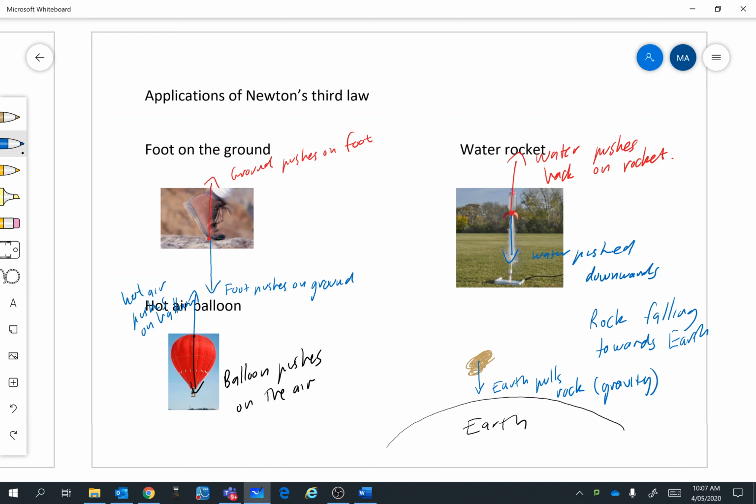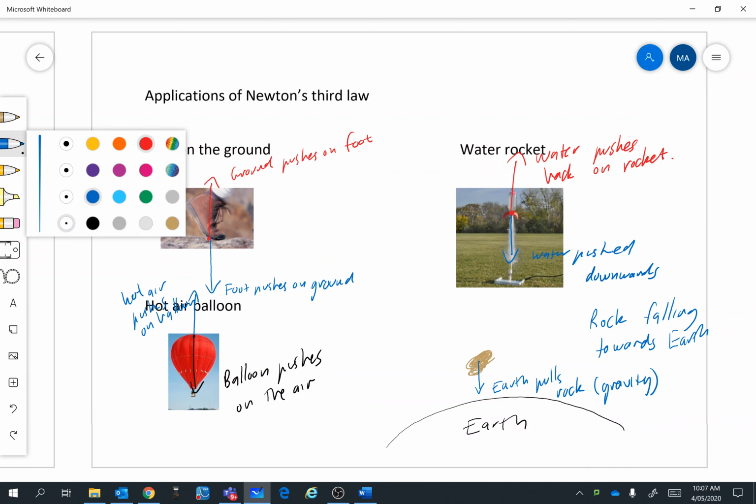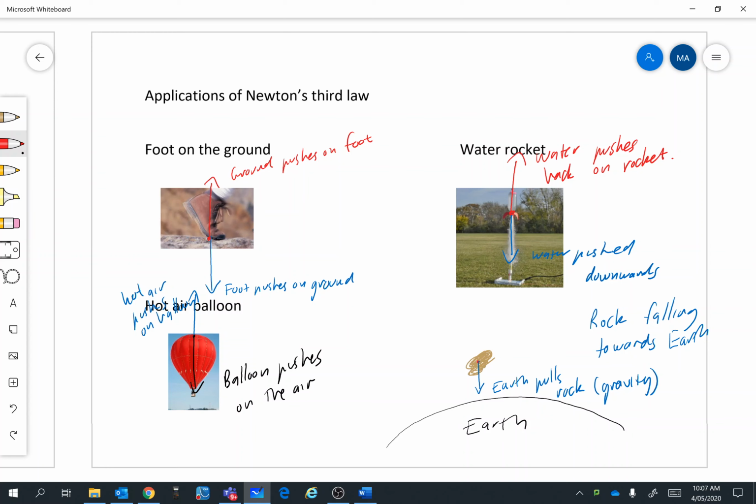Now, what is the reaction force? Well, in fact, believe it or not, the rock pulls the Earth. Okay, so when something's falling towards Earth, like let's say, even just for you, not necessarily falling, but you yourself, your body is being pulled towards Earth when you're on the Earth, and your body is pulling back on the Earth.